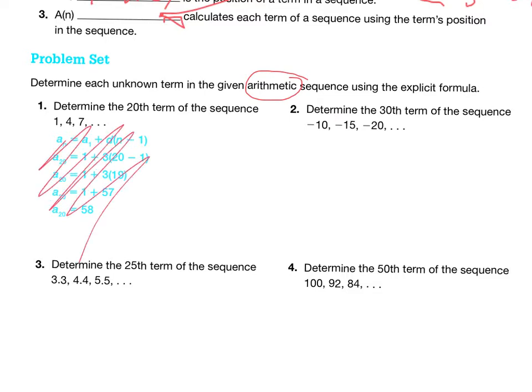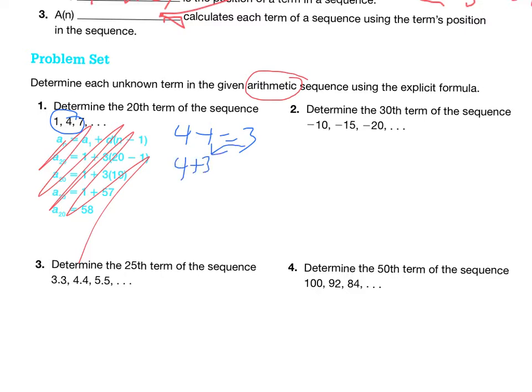Let's look at this. How would you know what's happening from 1 to 4 to 3? You're like, oh, that's easy. You're adding 3. You could also do this. This is actually a smarter way to do it. Look at these two numbers right here, and you say 4 minus 1. That's 3. And then you can do 4 plus 3.